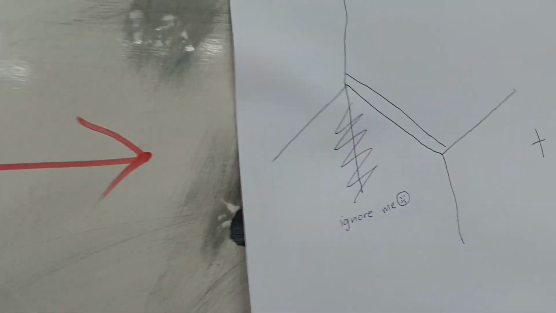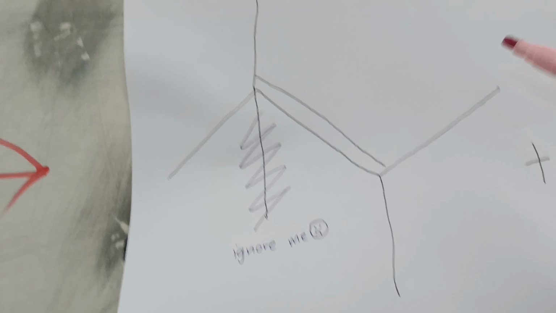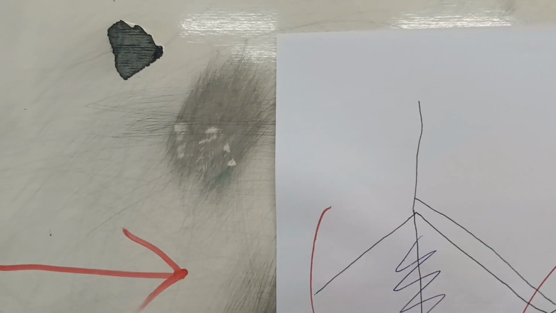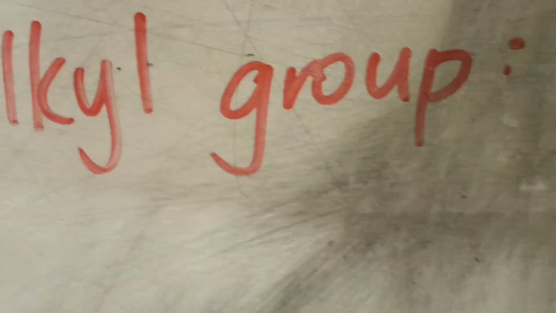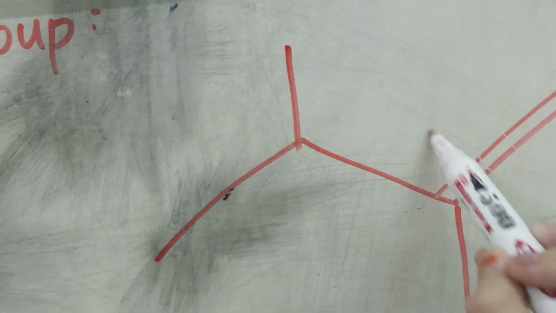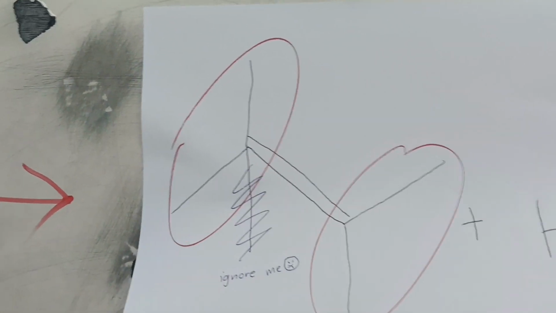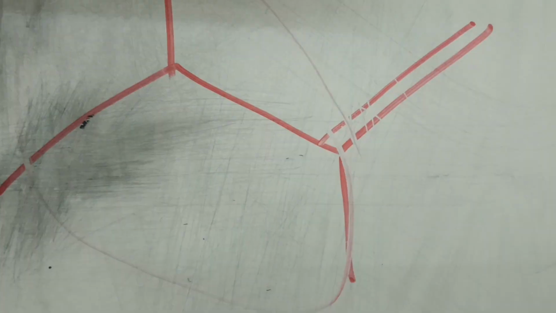So let's look over here. The alkyl groups attached to the double bond here are 1 and 2. Meanwhile, the alkyl group attached to this double bond is only 1. So I reckon this alkene is more stable than this one, according to Zaitsev's rule.